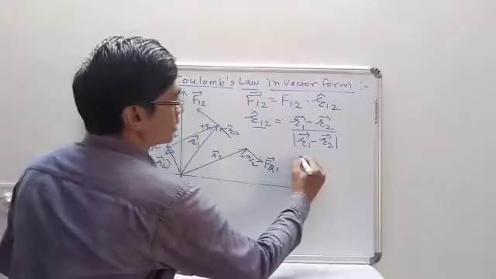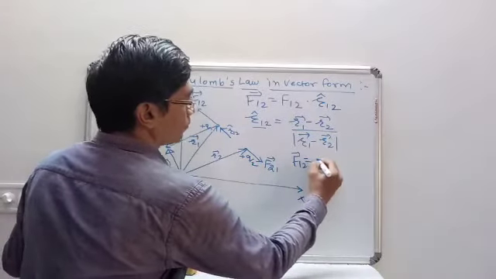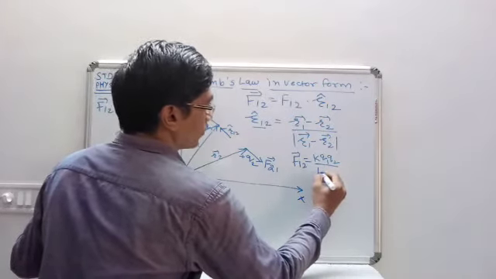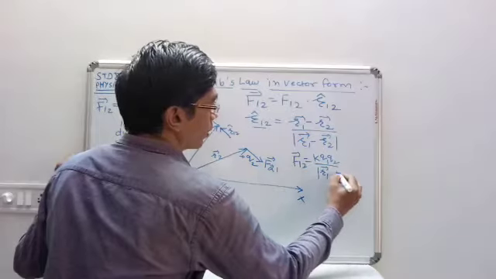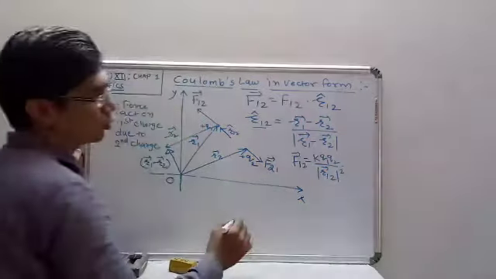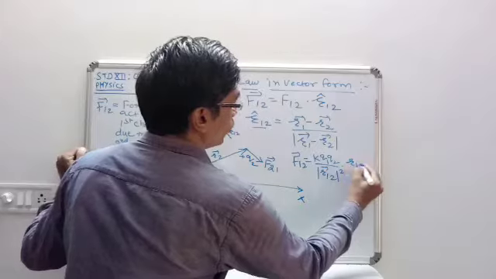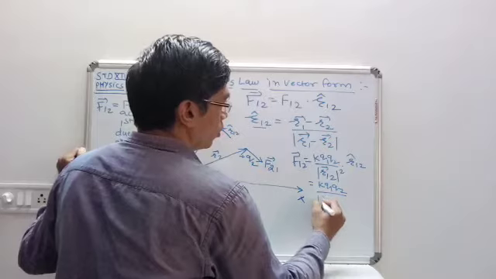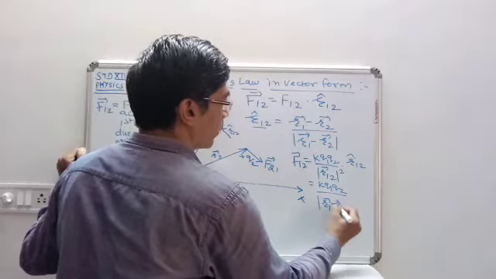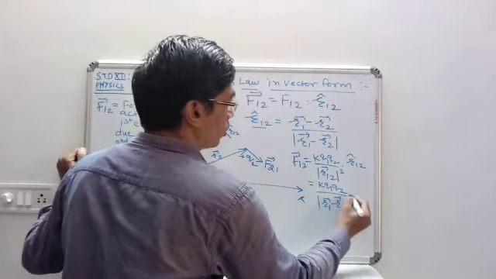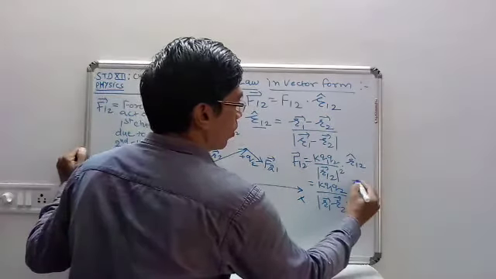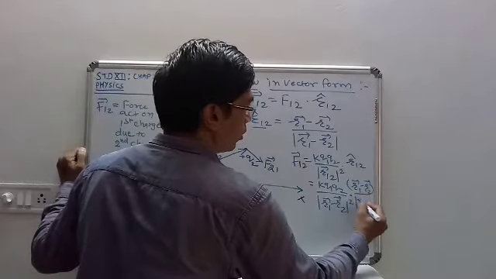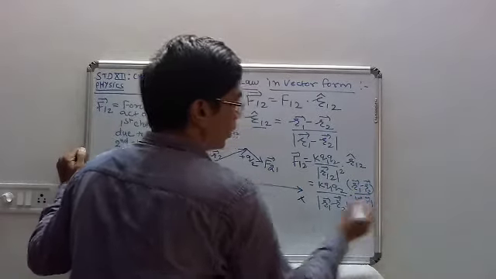So F12 is written as K Q1 Q2 upon R12 vector square, its magnitude square, into the unit vector R12. So it is written as K Q1 Q2 upon magnitude of R1 minus R2 whole square into R1 minus R2 vector difference upon magnitude R1 minus R2.